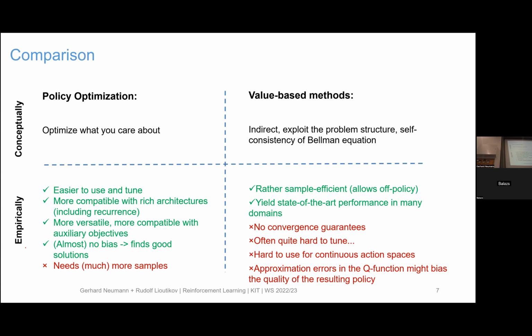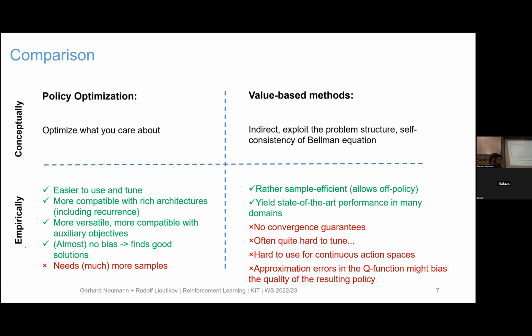But in the end, this is an indirect way, and I couldn't care less about the value function. If my policy is good, then that's okay for me. So the value function is just an intermediate representation needed by these algorithms, but they don't directly optimize what I want to optimize. So it's an indirect optimization.